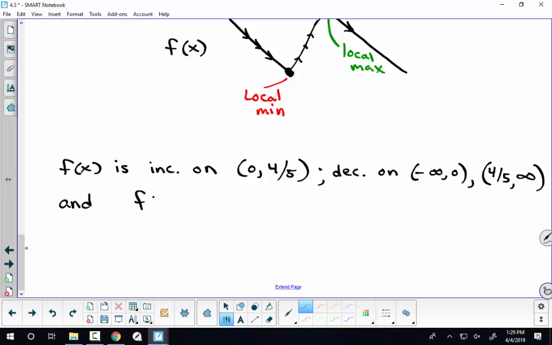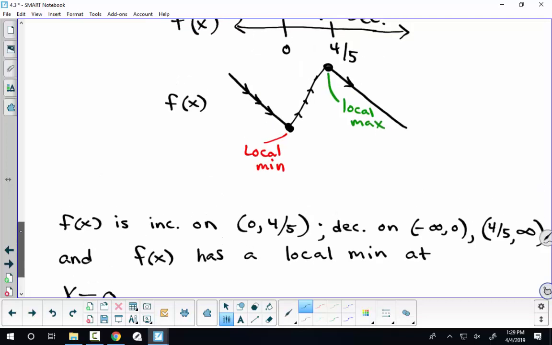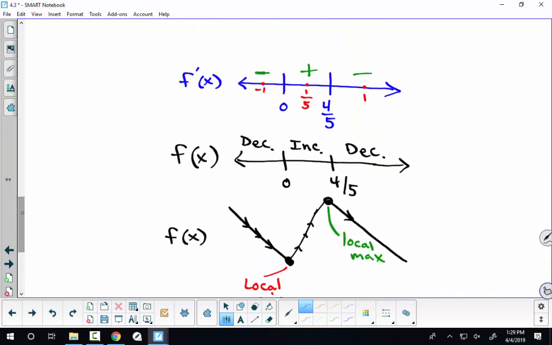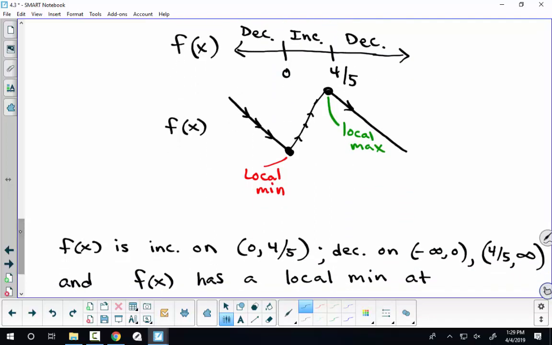And f of x has a local minimum at x equals 0. That was our critical point, when the function went from decreasing to increasing at x equals 0.